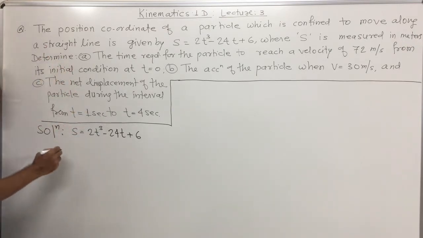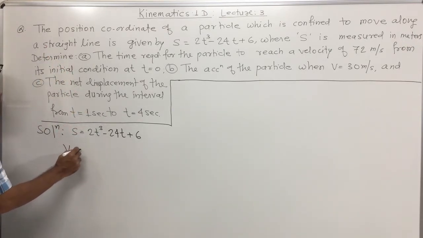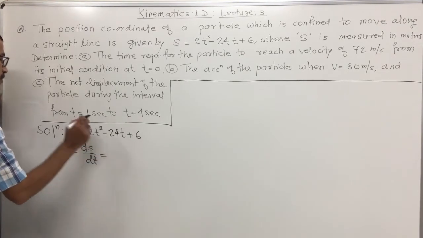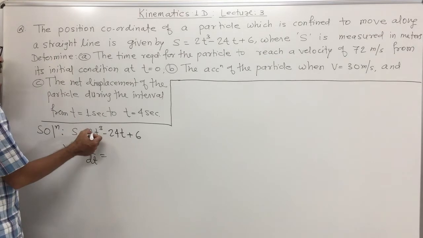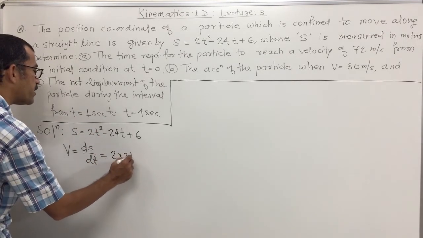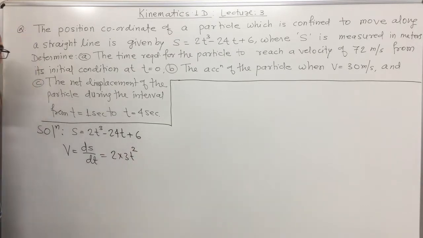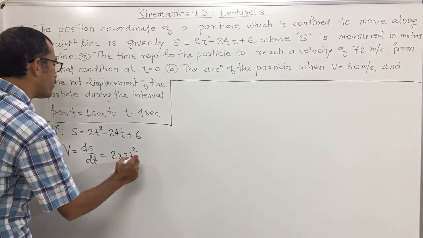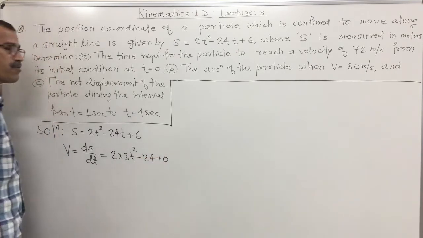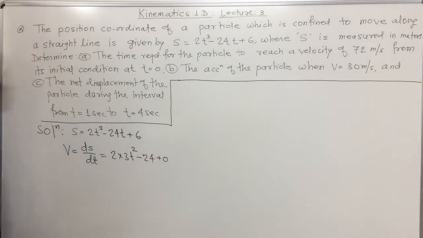We will differentiate s with respect to t, that means ds by dt. Differentiate: the 2 will remain as it is, and 3t², so 2 into 3t². Next, minus 24. 6 is a constant term, its differentiation is 0.